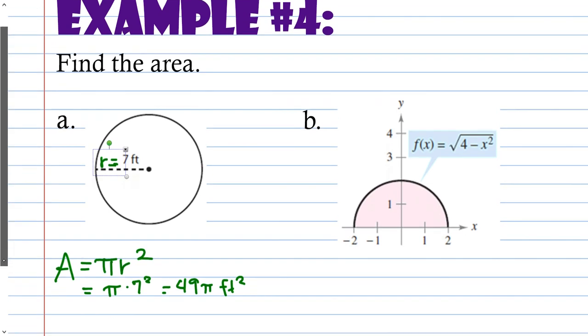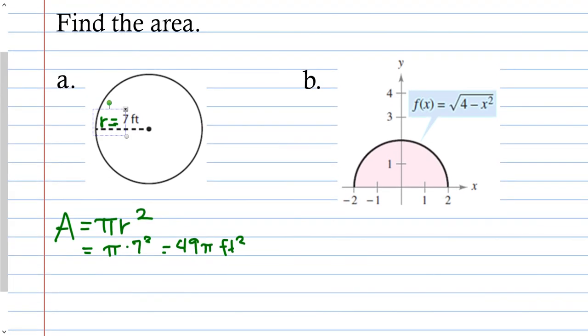Must you at some point plug in to get a decimal? If it's a multiple choice answer and all the answers are decimals, then yes, you're probably going to need a decimal. If this is an FRQ, this is perfectly fine. But if you were to get a decimal, please always round to 3 decimal places.